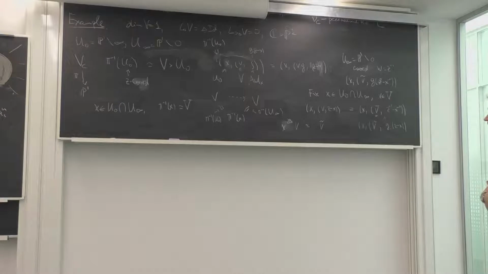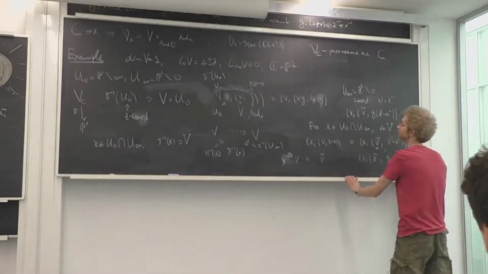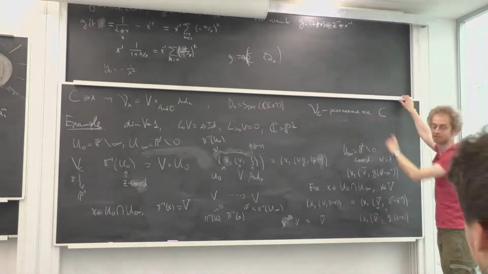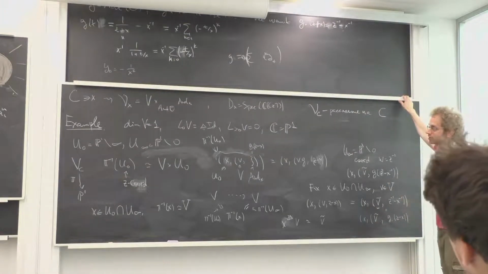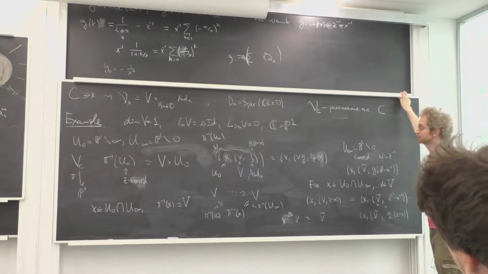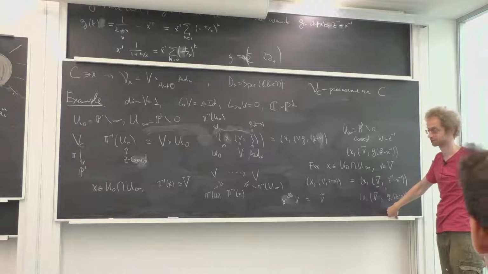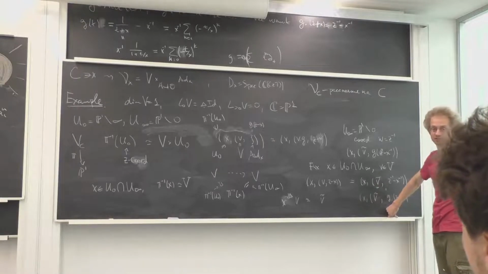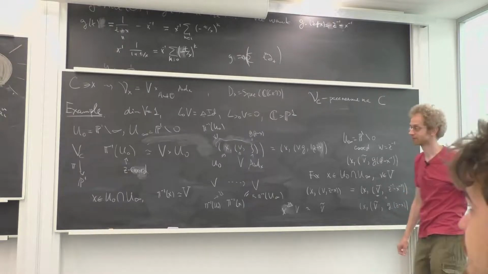Let's see. So you have computed G. G is given there. Now this G acts on our one-dimensional vector space. And how does it act?